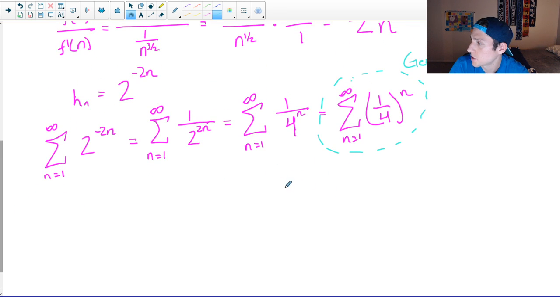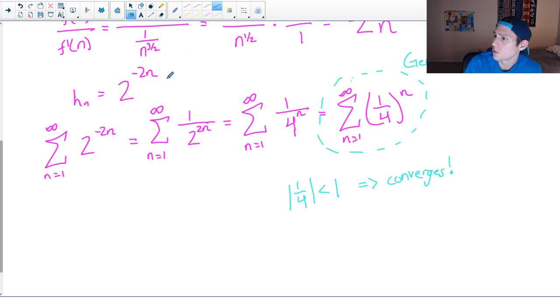To determine if it converges or diverges, we look at the absolute value of r. So r in this case is 1/4. Which is less than 1, right? So that means it converges.